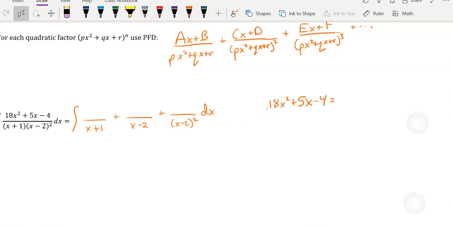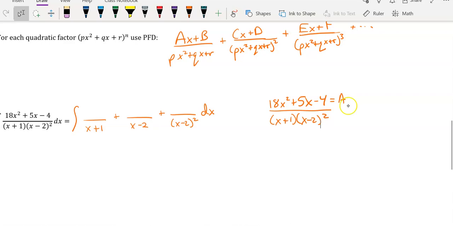Okay, and that's going to be equal to a. I'm going to go ahead and multiply. My a is right here, so I'm going to multiply it by what's necessary for the common denominator. Actually, nope, strike that. I'm not going to do that yet. I'm not going to do two steps at once. So this is over x plus 1, x minus 2 squared.